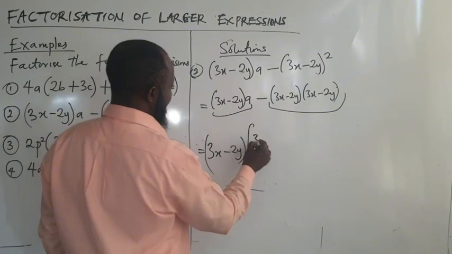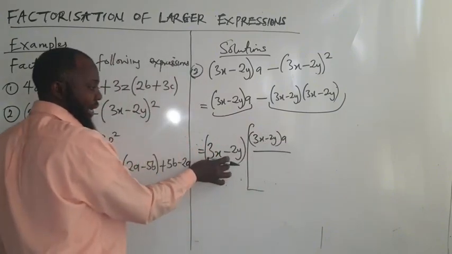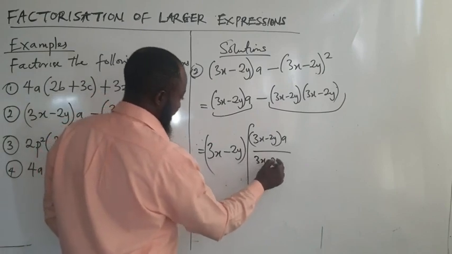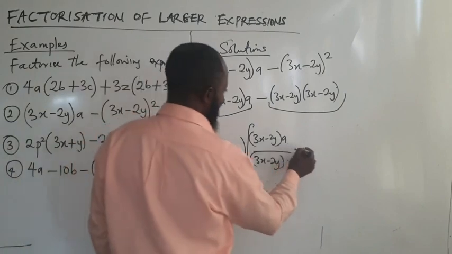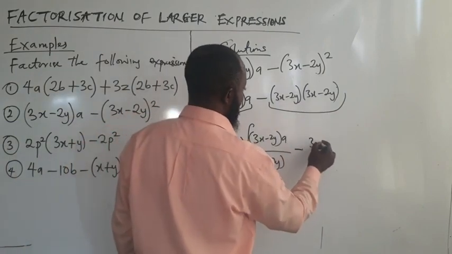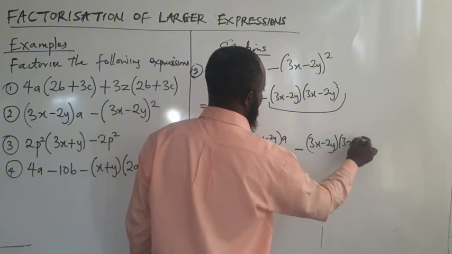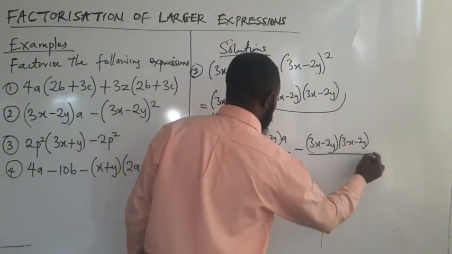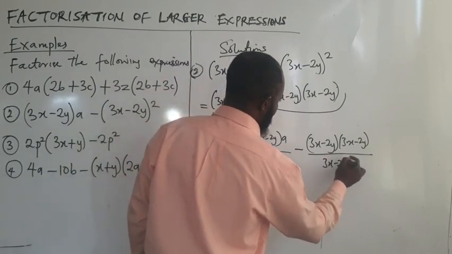So this one, which is 3x minus 2y a divided by the common factor, which is 3x minus 2y. I hope I'm making sense. Minus what we have everything here, 3x minus 2y, 3x minus 2y divided by the common factor, 3x minus 2y.